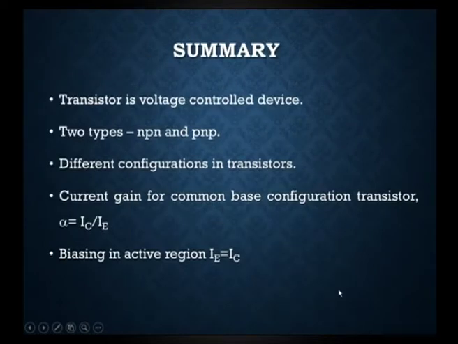So, finally, we come up with the current gain factor for a common base configuration, the ratio of collector current to emitter current, and we know how important biasing is for a transistor. Biasing will be done with the first approximation that we have made with the help of the common base configuration, that is, when we consider the base current to be 0. The current flow can be easily made and the biasing can be easily done for a transistor.